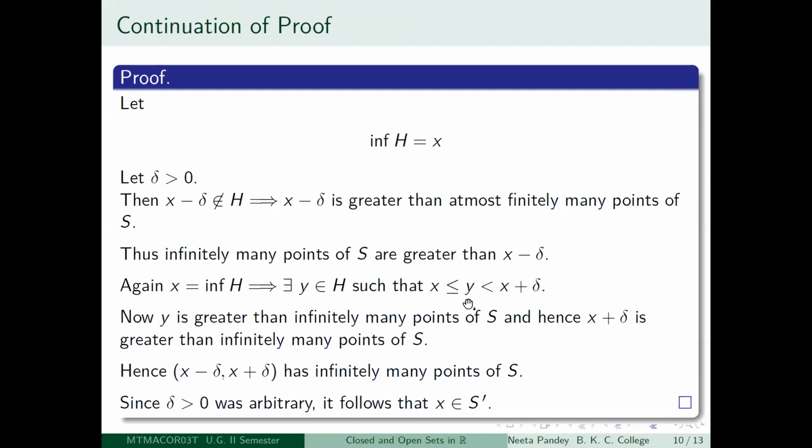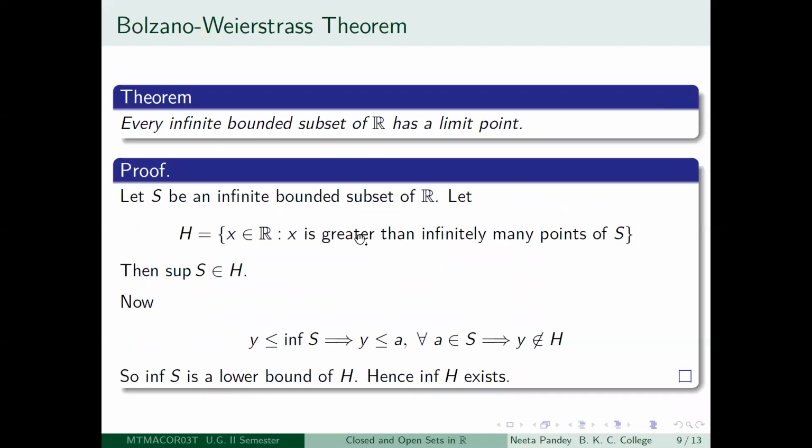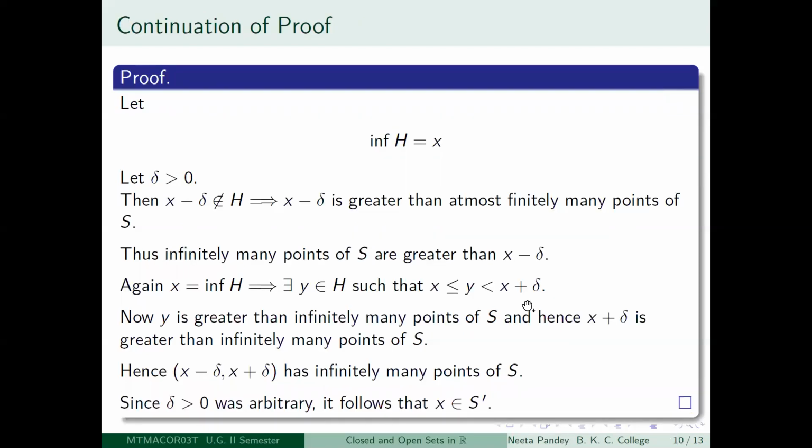So y is in H means what? By the definition of H, y is greater than infinitely many points of S. So since y is greater than infinitely many points of S, x plus delta will also be greater than infinitely many points of S.